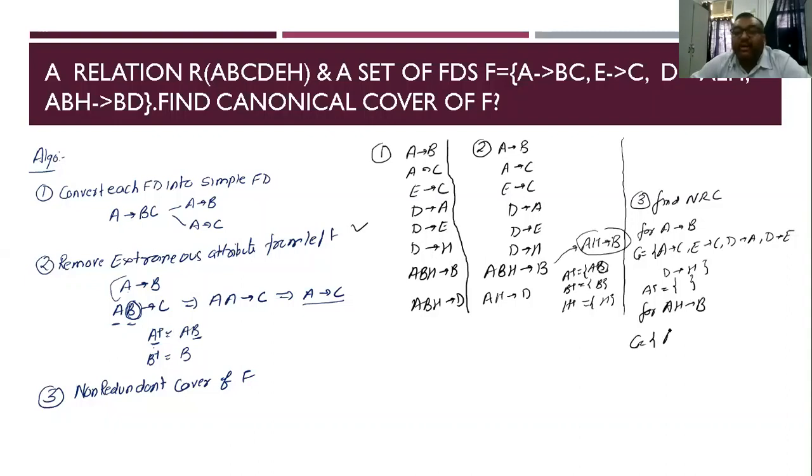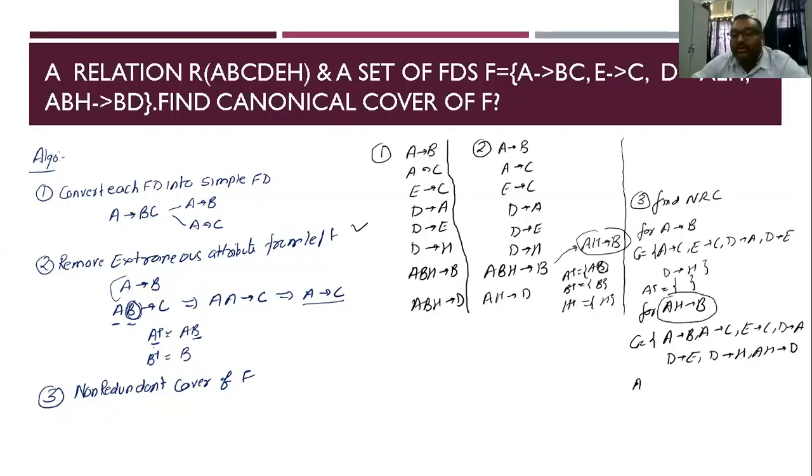The G is A determines B, A determines C, E determines C, D determines A, D determines E, D determines H, and AH determines D. Now what you have to do? You just remove this FD, AH determines B.